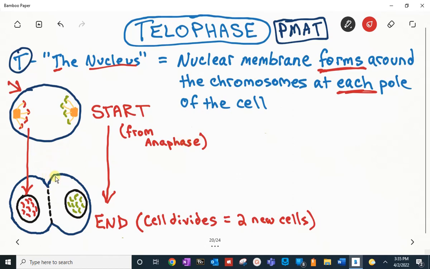At the same time telophase is going on, we have a subsection of telophase called cytokinesis. And if you notice this right here, this cell starts to cleave.